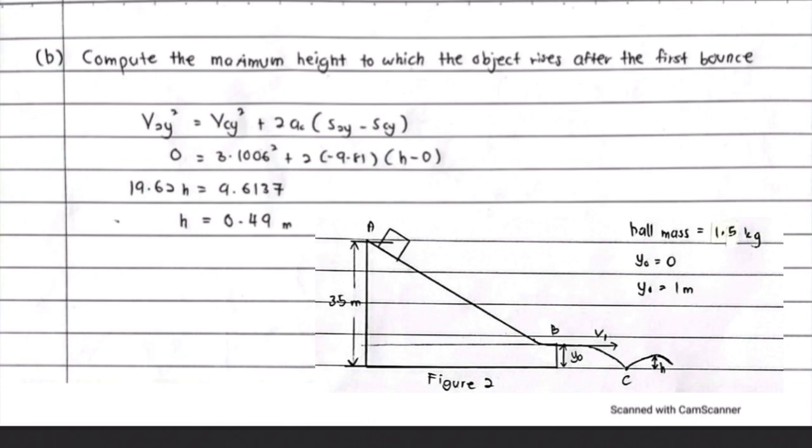So 0 = 3.1006² + 2(−9.81)(h − 0). So we get the h value is 0.49 meters.